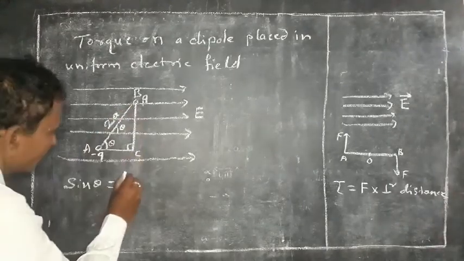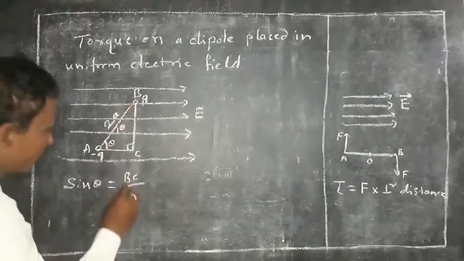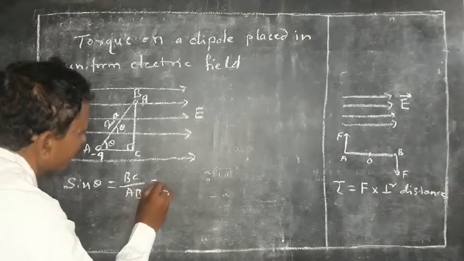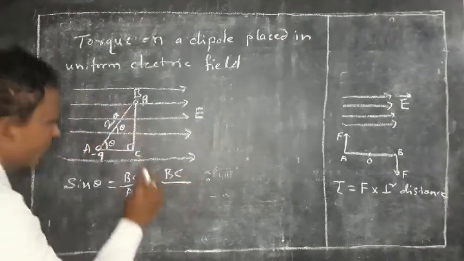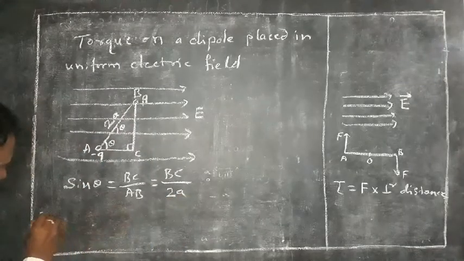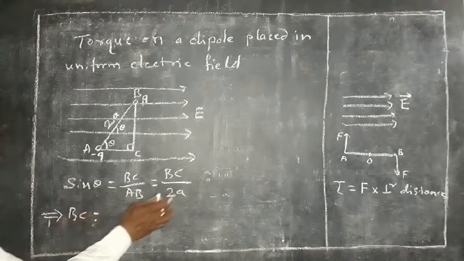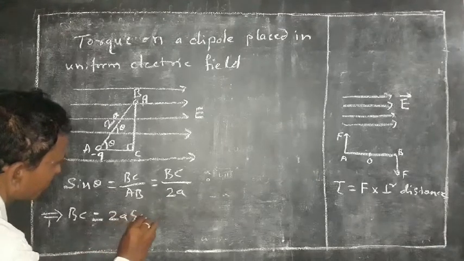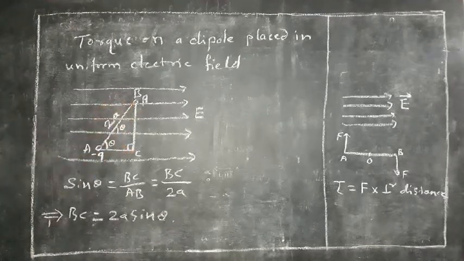The opposite side is BC and the hypotenuse is AB, so sin theta equals BC upon AB, but AB equals the dipole length. This implies BC equals 2A sin theta. BC equals 2A sin theta.